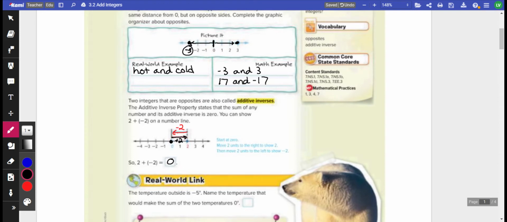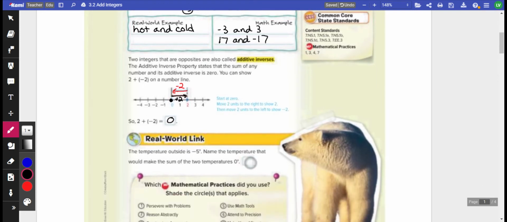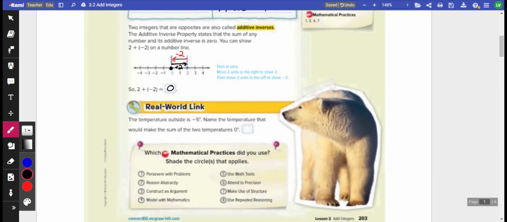So real-world link. The temperature outside is -5 degrees. Name the temperature that would make the sum of the two temperatures 0 degrees. Well, if it helps, we can use a number line.